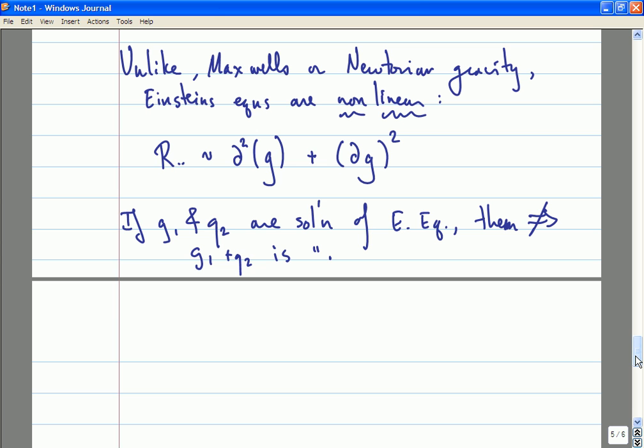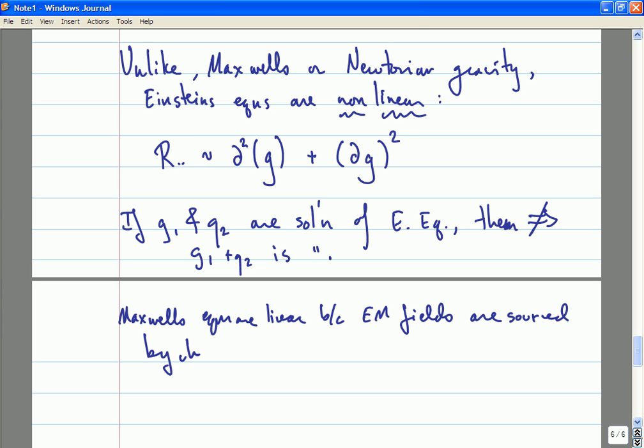Well, Maxwell's equations are linear because the source term in electromagnetism involves the charge of an object. Electromagnetic fields are sourced by charges. And the electromagnetic field itself does not carry any charge. Photons are not charged. So electromagnetic fields do not carry charge.